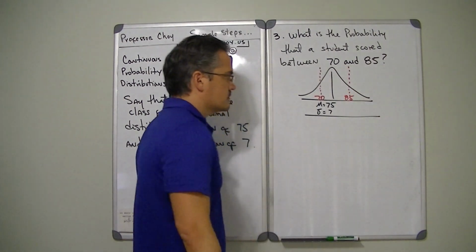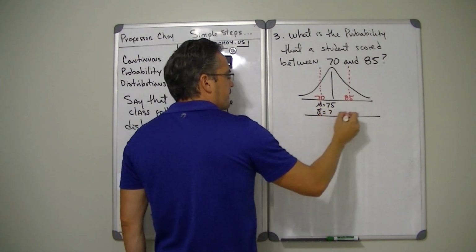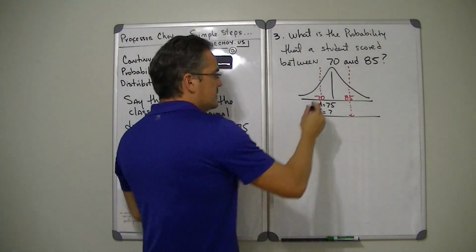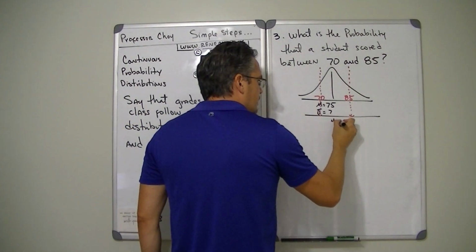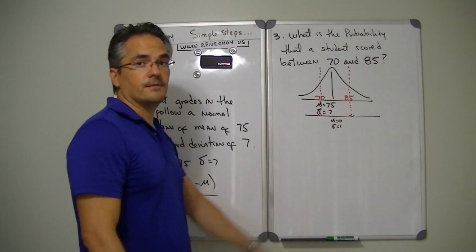Now the first thing that we need to do is find the z-values for that. We know that every time, mu will be 0 and sigma will be 1. But we don't know these, so we have to calculate them.